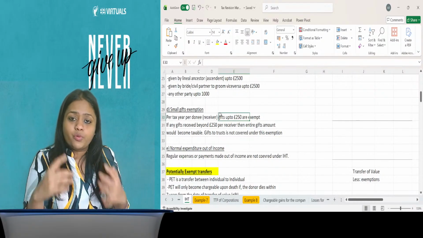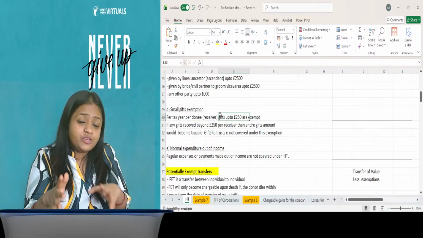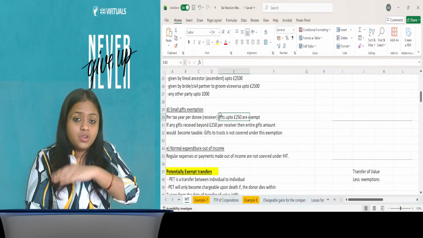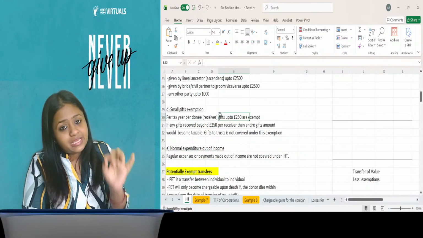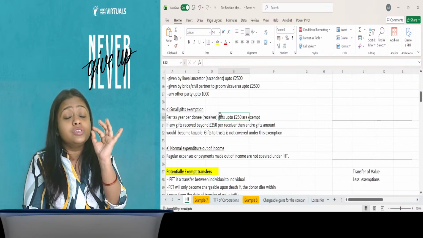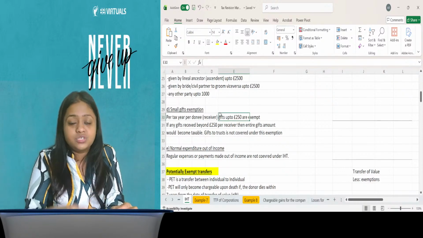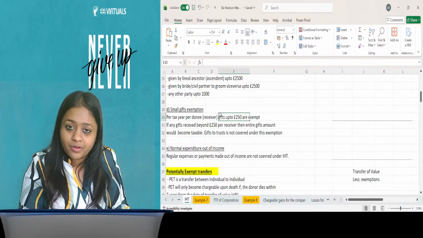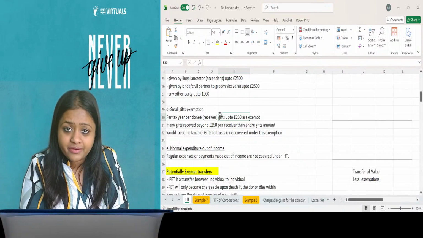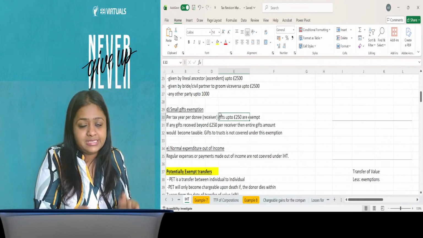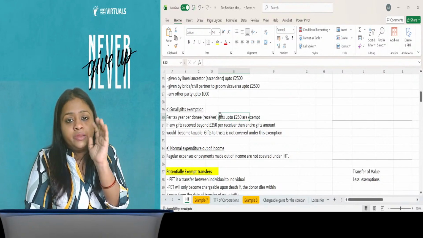Let's say the question says that the gift is only made in the current tax year. Last year there was no gift, so last year's 3,000 of annual exemption will also be made available to you. So both the current year and the preceding year annual exemption will be made available to you.